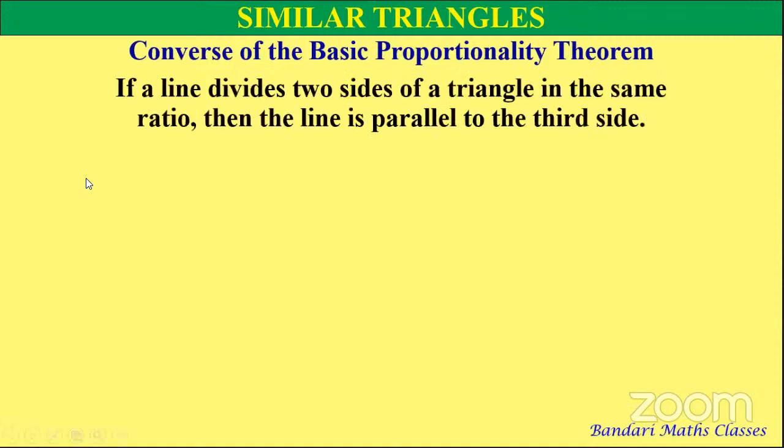If a line divides two sides of a triangle in the same ratio, then the line is parallel to the third side. Before that, the previous theorem: in a triangle, a line drawn parallel to one side divides the other two sides in the same ratio.